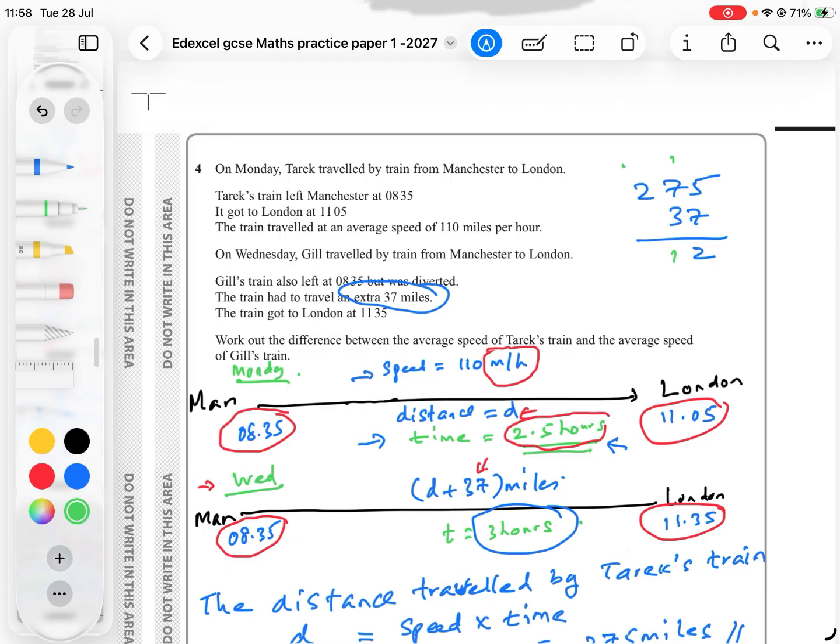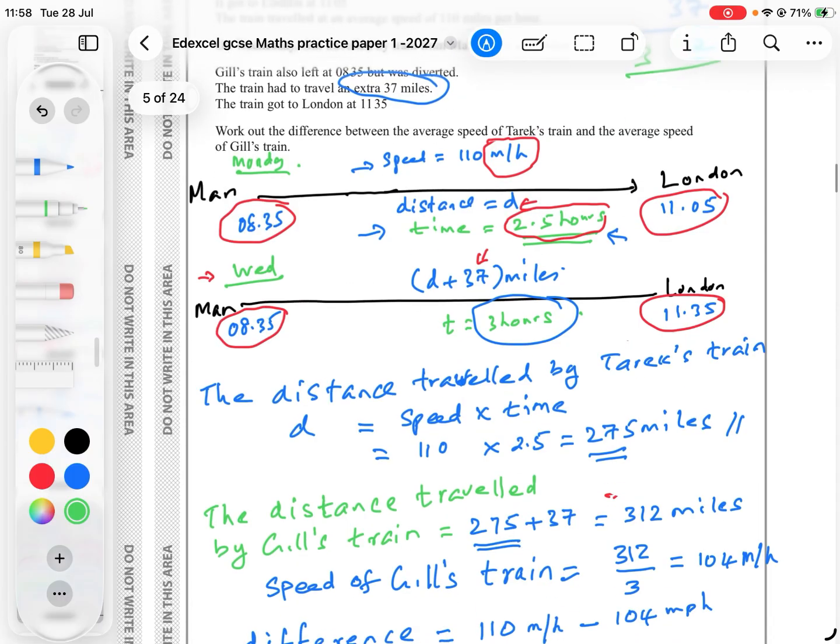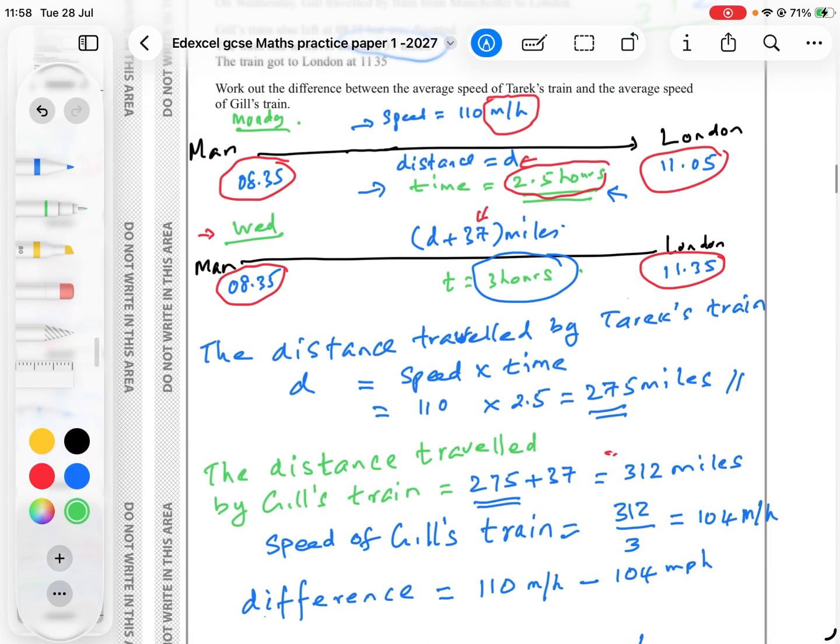So 11 means 1 left, 1 add 2 is 3. So 312. The distance travelled by Gill's train is 312 miles. So now they ask for the speed difference.